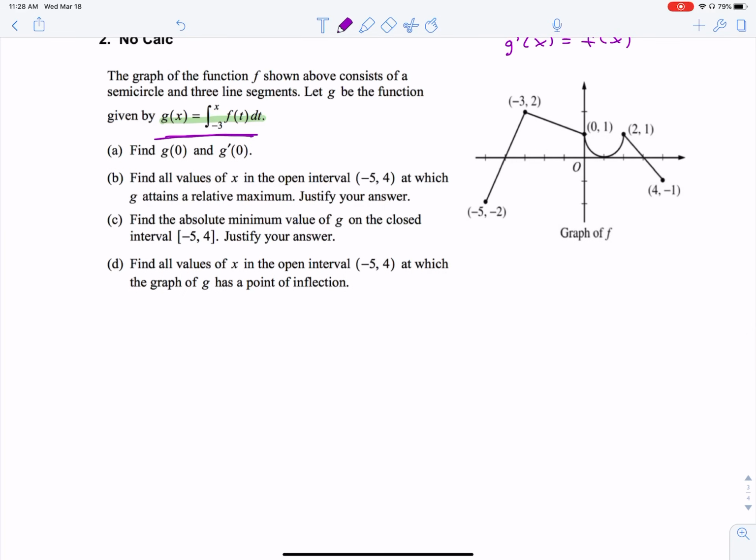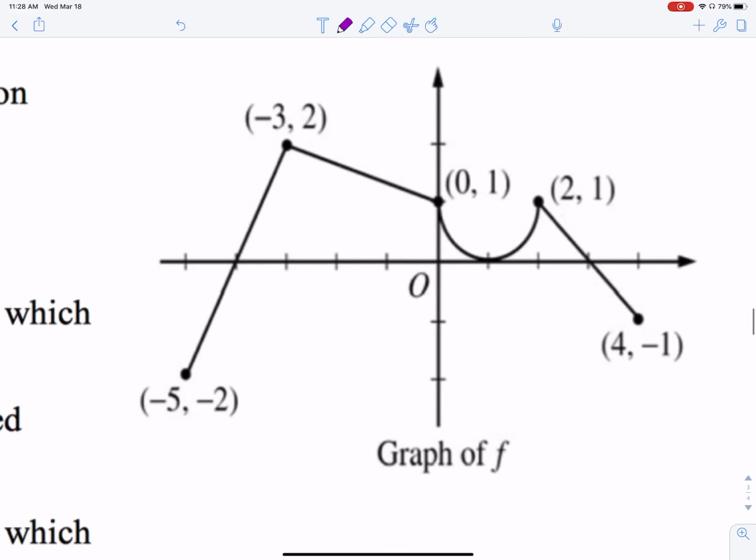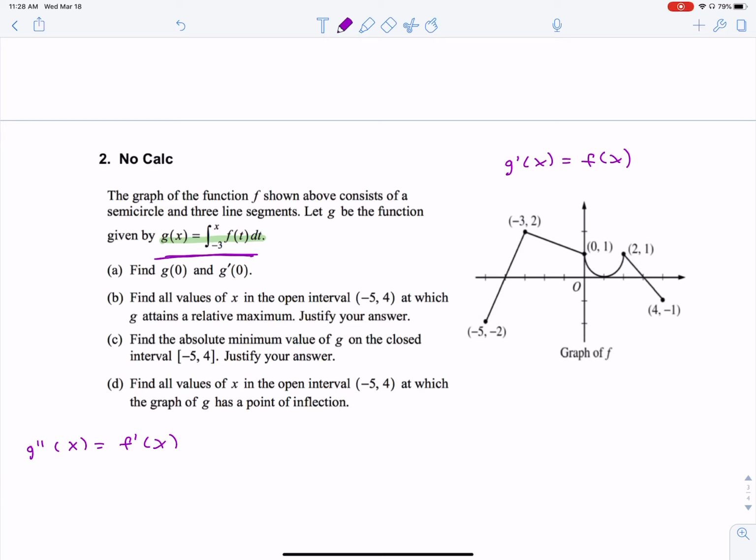So remember, I'm looking at the second derivative. So in other words, I'm looking at the derivative of this. What they're really asking for is, if I'm looking at the derivative of the graph, so I'm looking at this graph right here, I'm looking at its derivative, what I'm really looking at is the slopes of the tangent lines. And what I want to know, inflection points occur when the derivative of the original graph changes from increasing to decreasing, right?